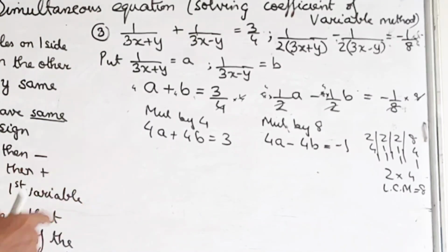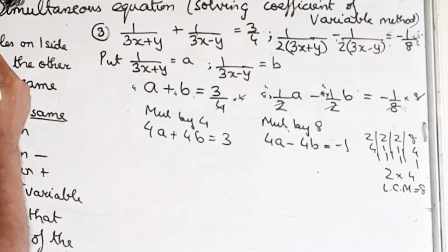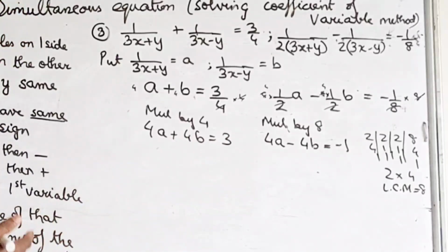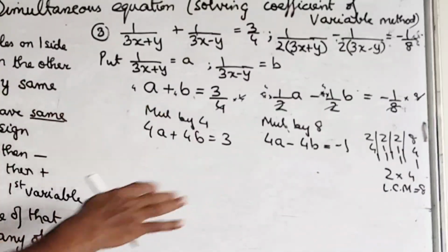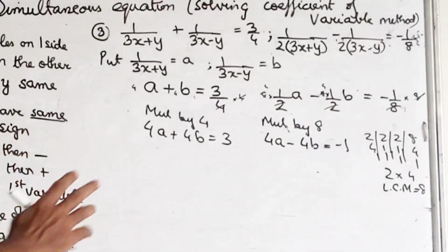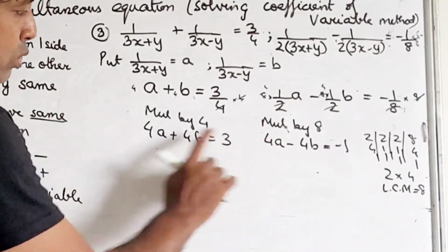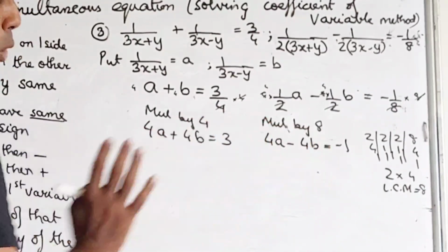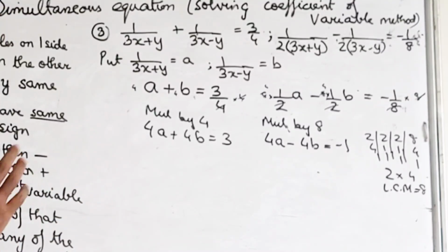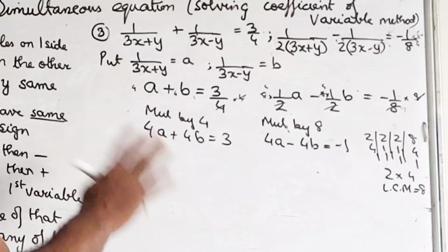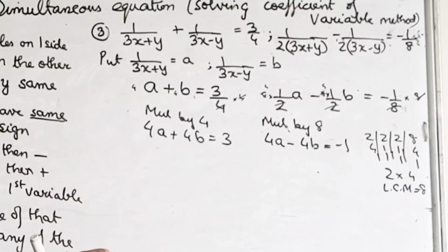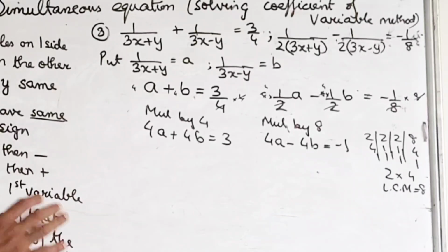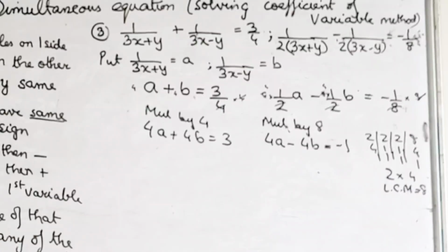Now if you check the equations, you can see that the a variable has the same coefficient in both, and the b variable also has the same coefficient. Whenever that is the case, you add. Don't try to subtract. As far as possible, avoid subtracting, because then you have to change the sign and there is a chance of making mistakes.